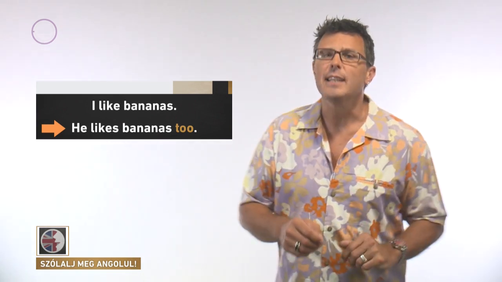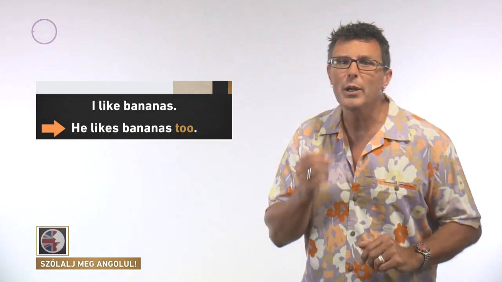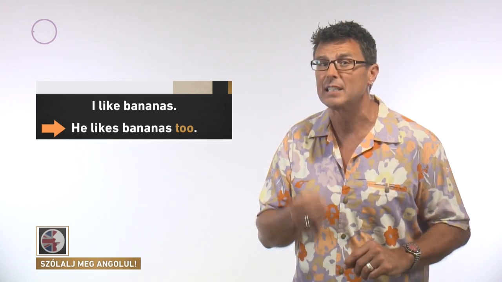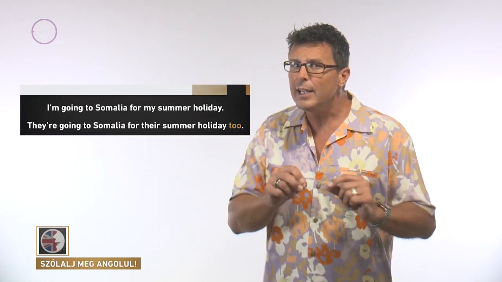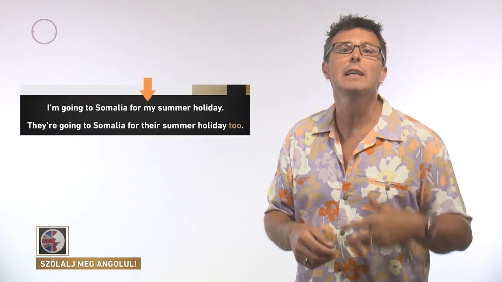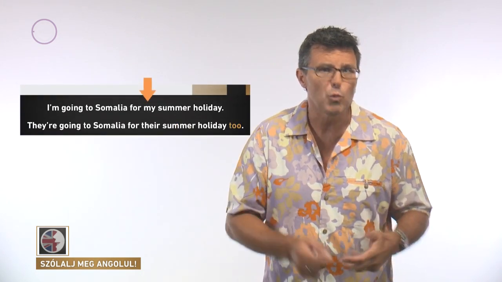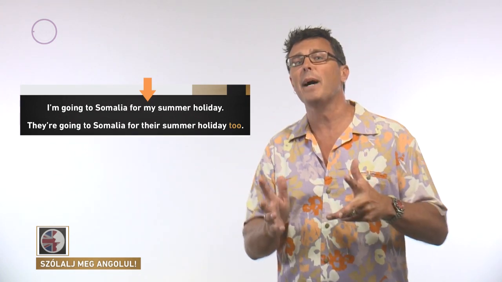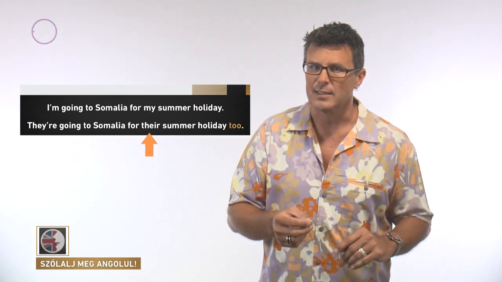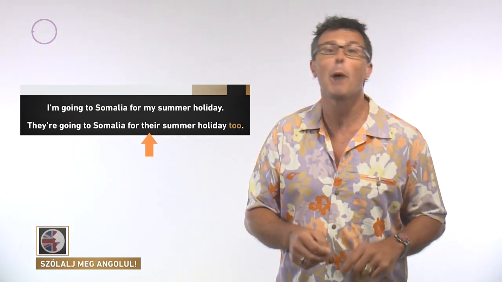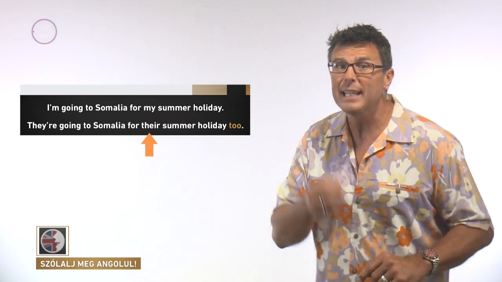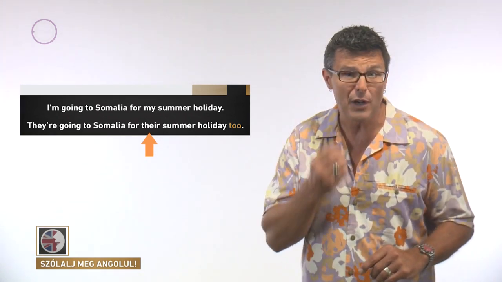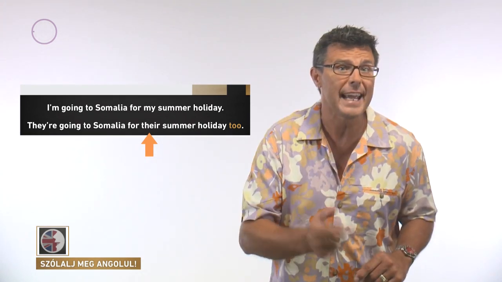And in the second example sentence, we also have to be careful with possessive articles. In the original sentence, we were using the first person singular, which means that we used my as the possessive article. But in the agreeing sentence, we used a plural subject, which means that we have to change the possessive article to the plural, their.